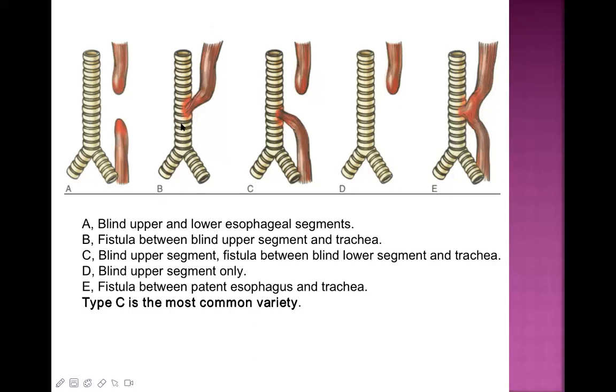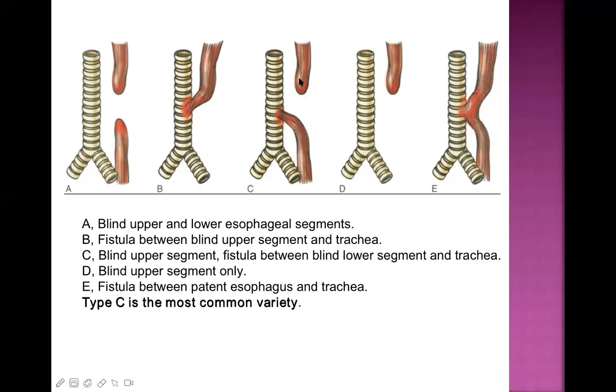Very complicated one. Third, or C, is the most common variety. The upper part of the esophagus is a blind tube, and the lower part of the esophagus is connected with the trachea. So in this situation also aspiration can happen. How?